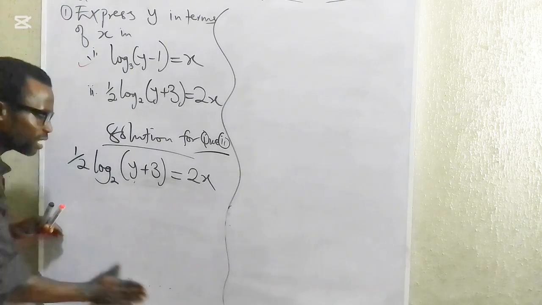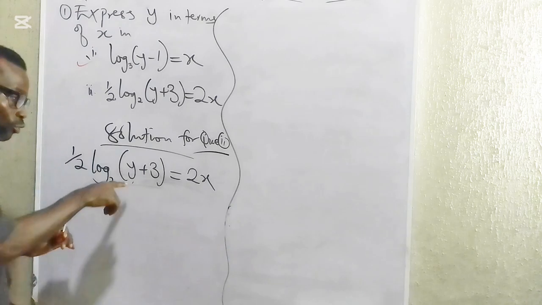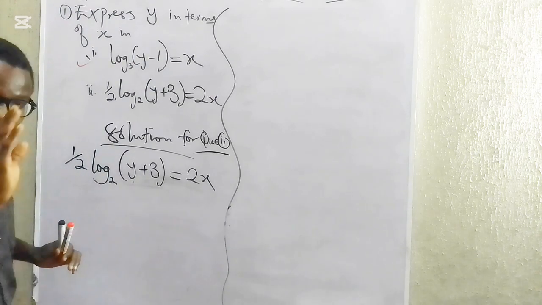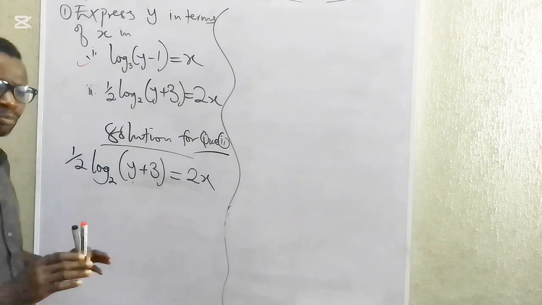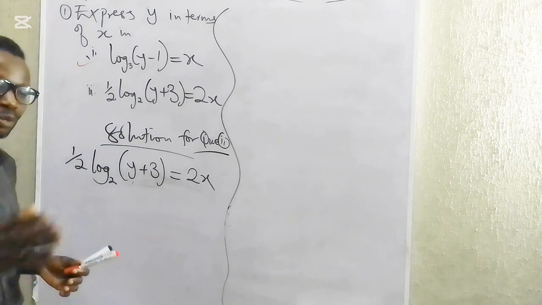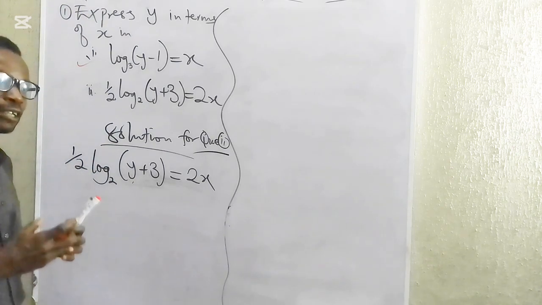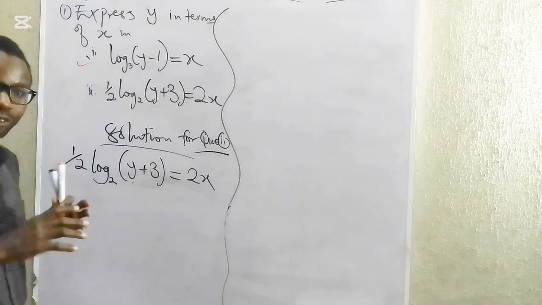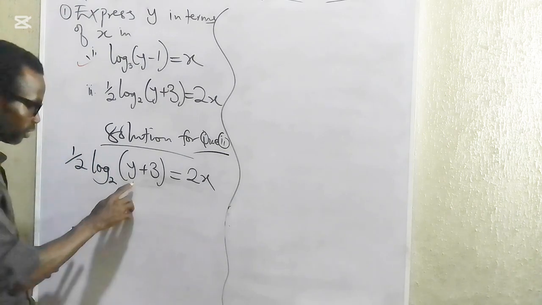So every term that is disturbing this y from standing alone, take them away one by one by using an opposite mathematical operation. Now this is y.